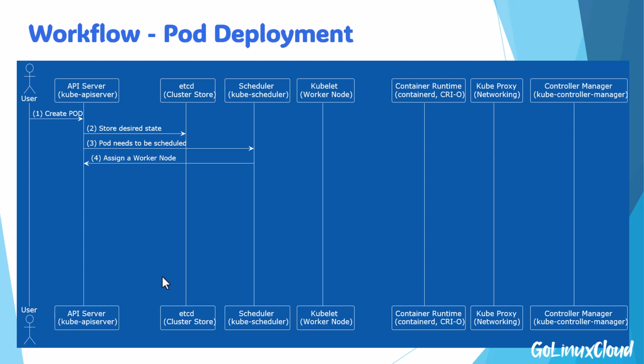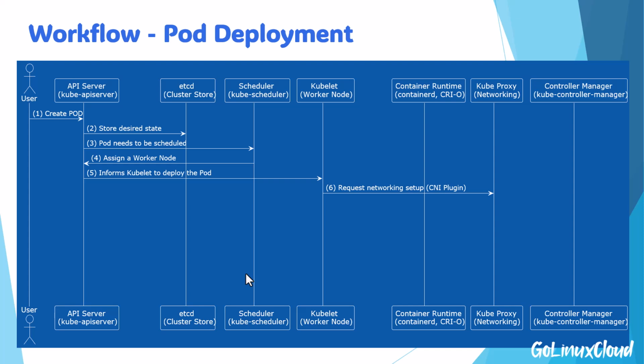Then the API server will send an instruction to the kubelet running on the assigned node to deploy the pod. Before pulling the container image, the kubelet will send a request to the CNI plugin, that is, the Container Network Interface plugin, to set up networking for the new pod.